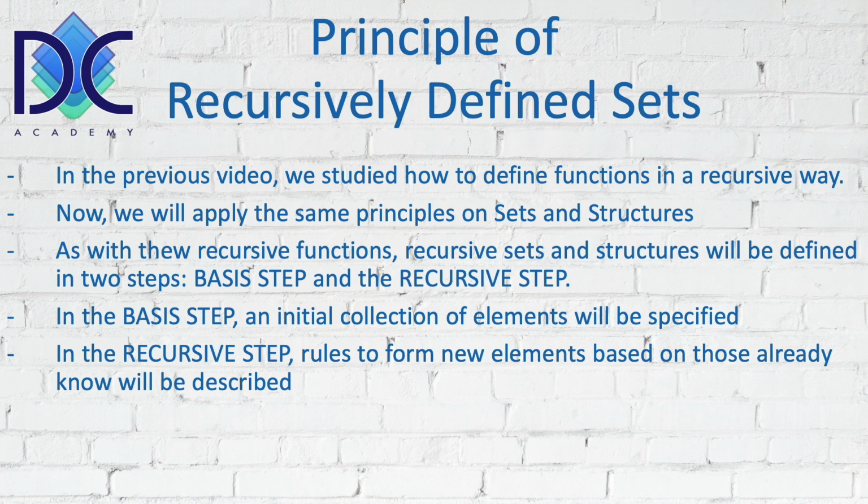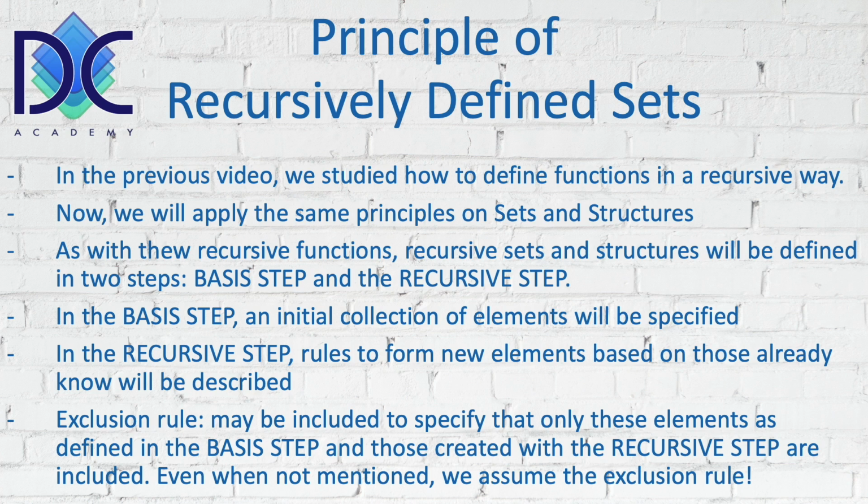So once we have the basis step, we will say how we find the next element from the basis step, and then we continue to use the recursive step to create more elements based on the previous steps.